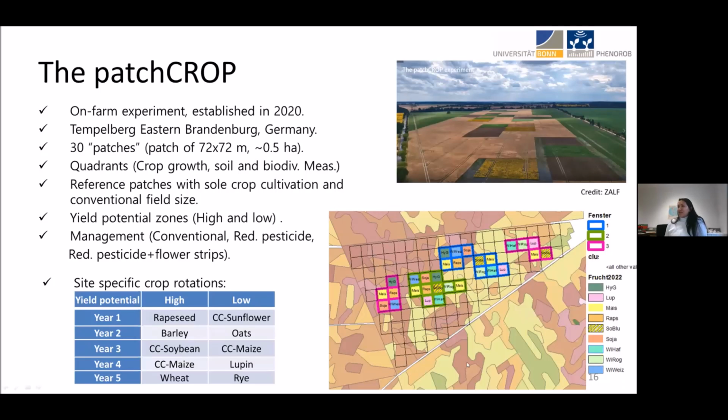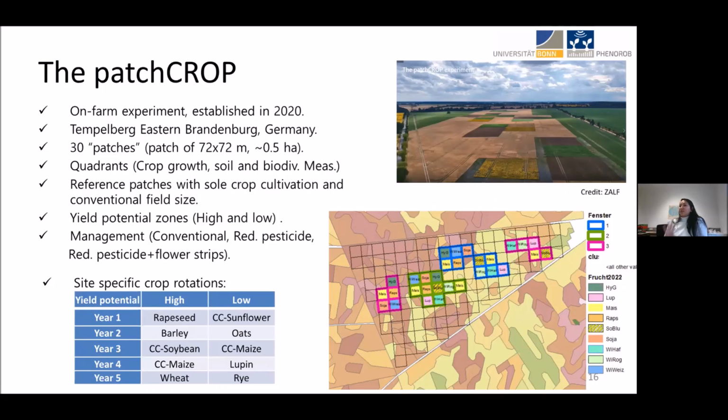You can see here the full field, and each of these patches measures 72 by 72 meters, which is roughly 0.5 hectares, the minimum field unit that can be managed with the current machinery. And then these patches are divided into field quadrants.